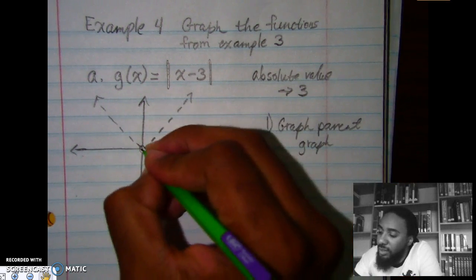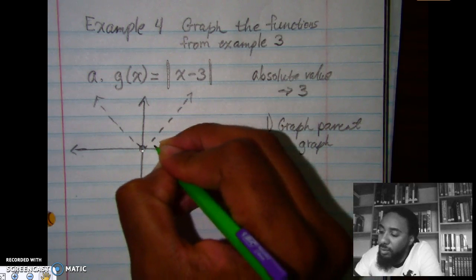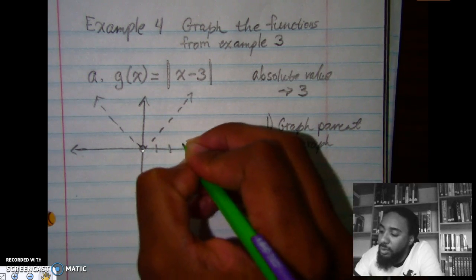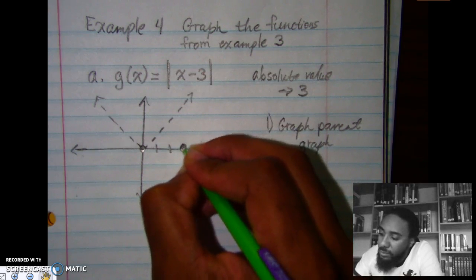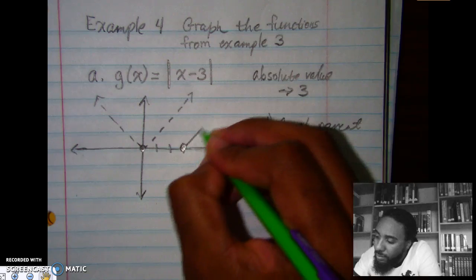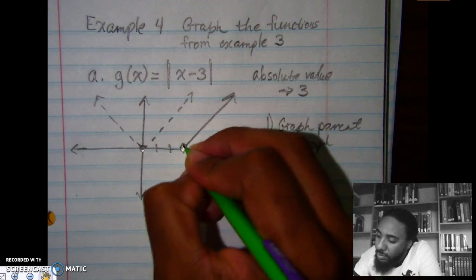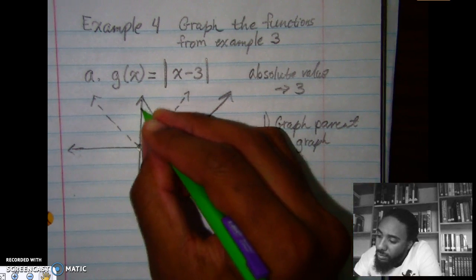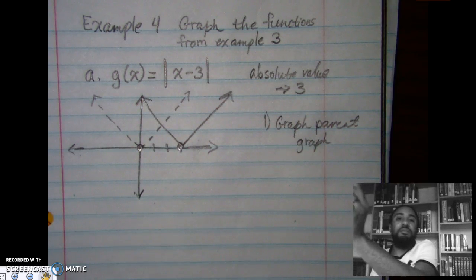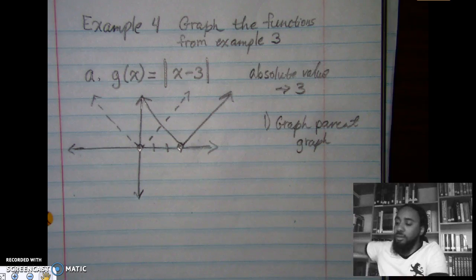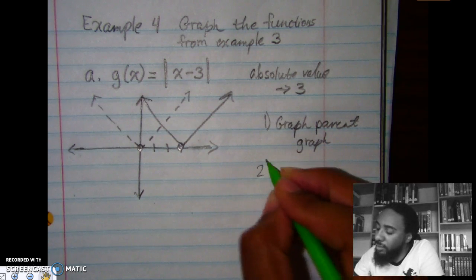So all we do is take this point here, 0, 0, and go over 1, 2, 3, and put a dot there. And draw a V. And that's it. That's all there is. Not hard. Simple, easy. And so that was our second step, was graph the transformation.